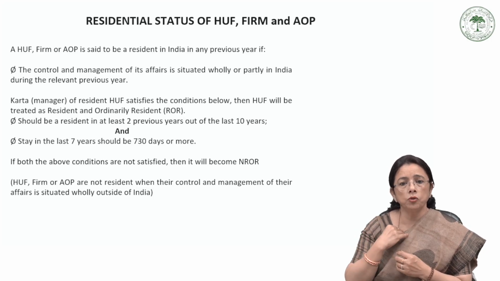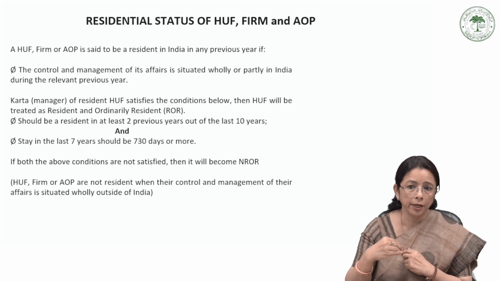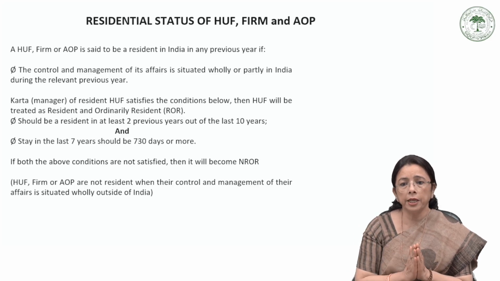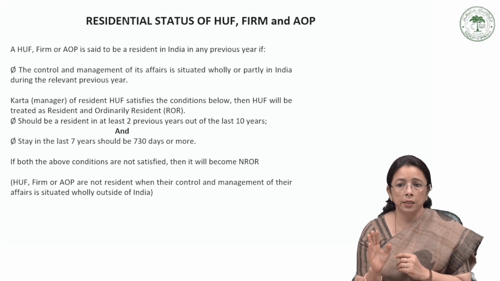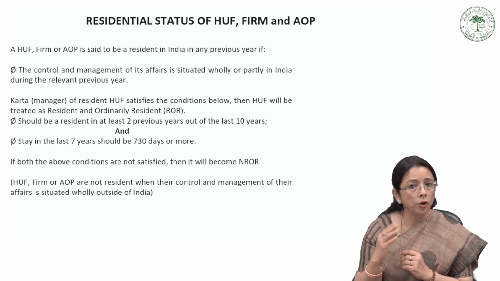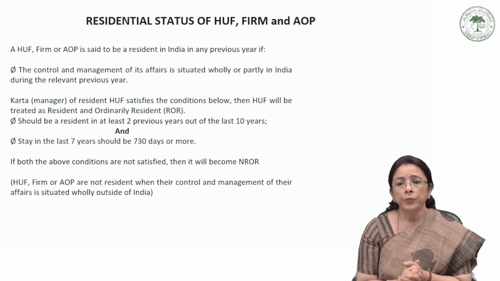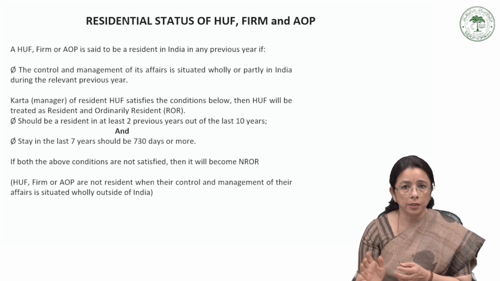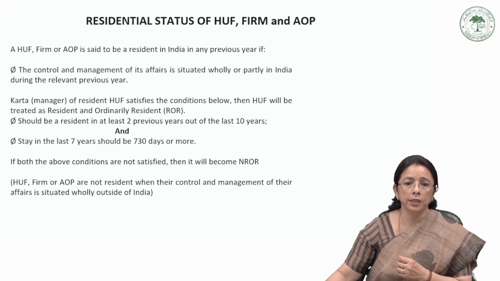Whereas for firms and AOPs, the Act does not further classify the resident entities into ordinarily resident or not ordinarily resident, that is, ROR or RNOR. There are only two categories: either they are resident in India or not resident in India. It is not more than that.